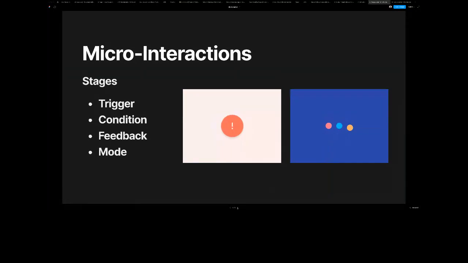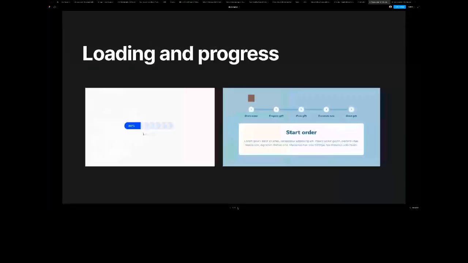Another form of UI animation is loading and progress. I know that we've probably used systems where we click a button to download, and then a progression shows what percentage or how far the download has progressed.